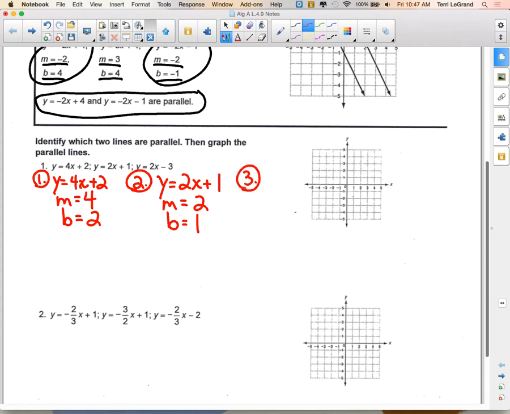Okay. Number 3, our last equation, y equals 2x minus 3. What's its M? 2, and its B? -3. Okay, is that one parallel to one of those other ones? Which one? To number 2. Okay, so let's circle these 2.